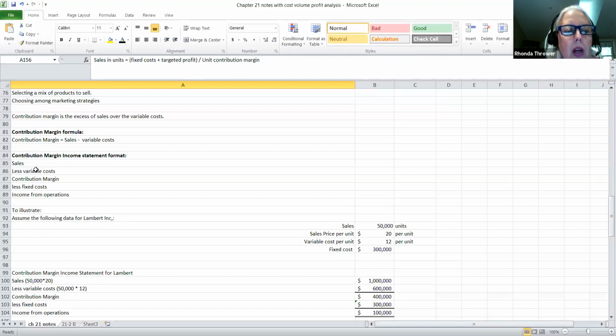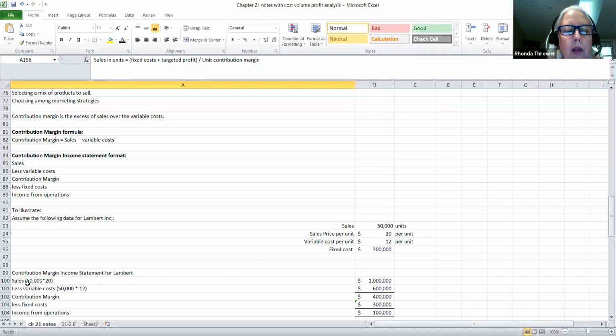So if we were preparing this contribution margin income statement for the Lambert Company, what we would need to do is determine our sales first, because we know how many units we sold and we know the selling price per unit. If you just multiply your sales in units times the selling price, it will give you the sales in dollar amounts.